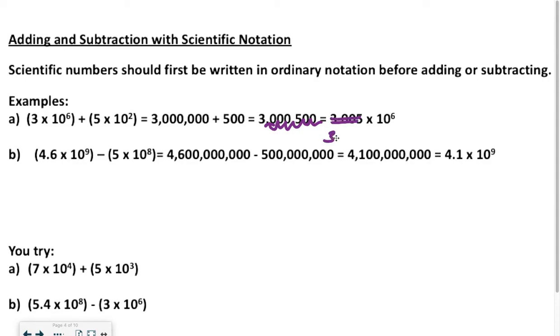It should be 3.0005 times 10 to the 1, 2, 3, 4, 5. It's still 6, just I missed a 0. This is going to be moving the decimal out 9 places to the right. This is moving out 8 places to the right when combining, and then we have 3, 6, 9.